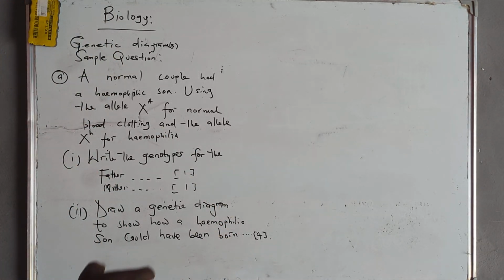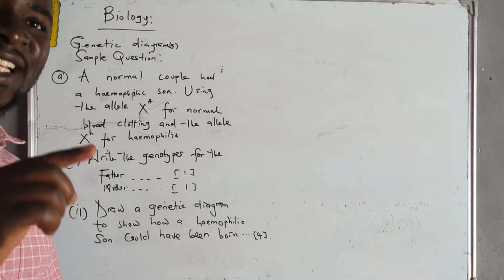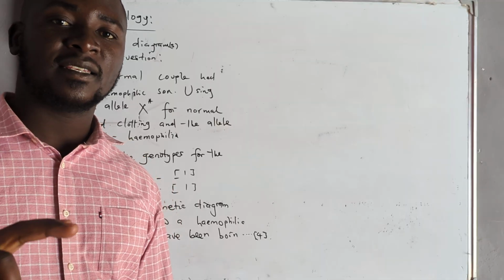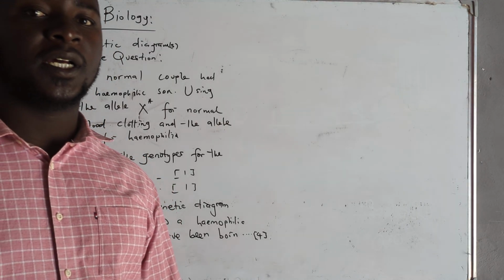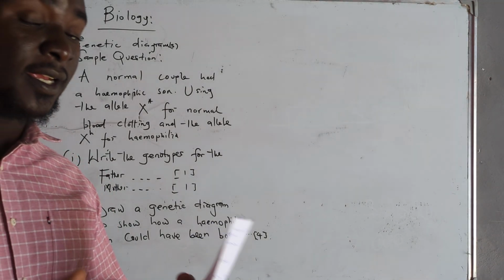Now, this is a disorder that is called an X-linked disorder. Since you understand sex inheritance, in sex inheritance you have two types of chromosomes, the Y and the X chromosomes.